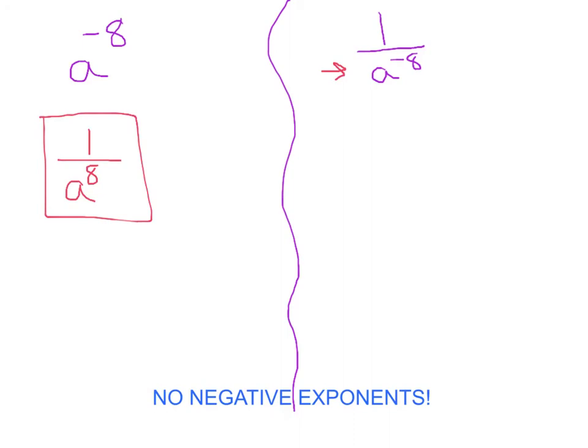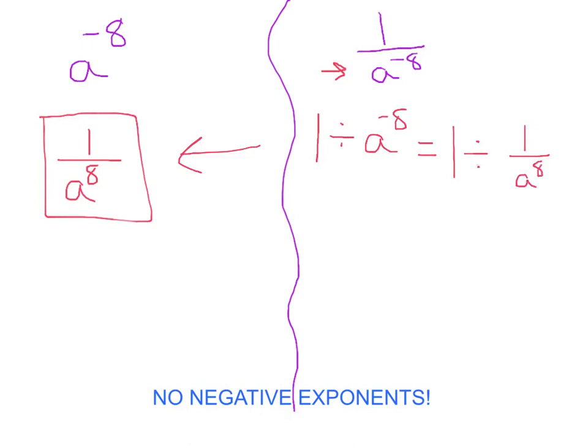I will first show a longer, complicated way of why something happens, but then there'll be a quick, easy way to just memorize what happens. So I'm going to rewrite this. Instead of as a fraction, this is also saying 1 divided by a to the power of negative 8. Which means 1 divided by, if you look over here, a to the power of negative 8 is 1 over a to the power of positive 8.